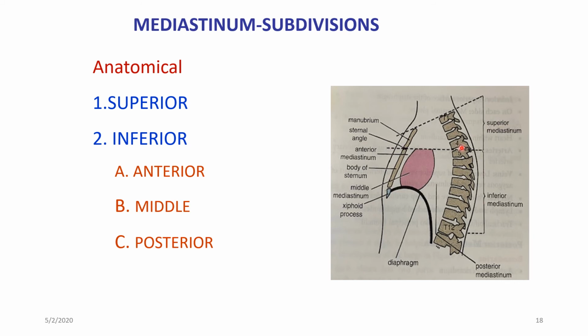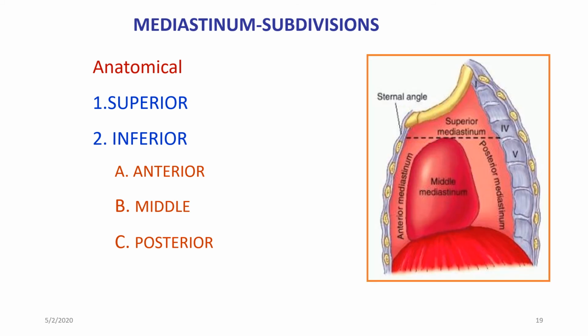So now you know the anatomical subdivisions of the mediastinum. Now it is clear. So what is superior mediastinum? What is inferior mediastinum? What is anterior mediastinum? What is middle mediastinum? And what is posterior mediastinum?